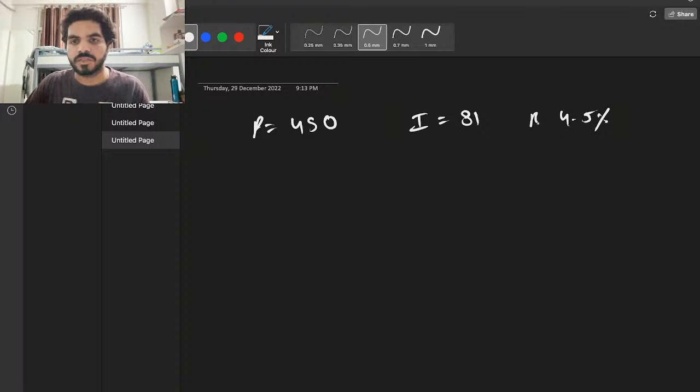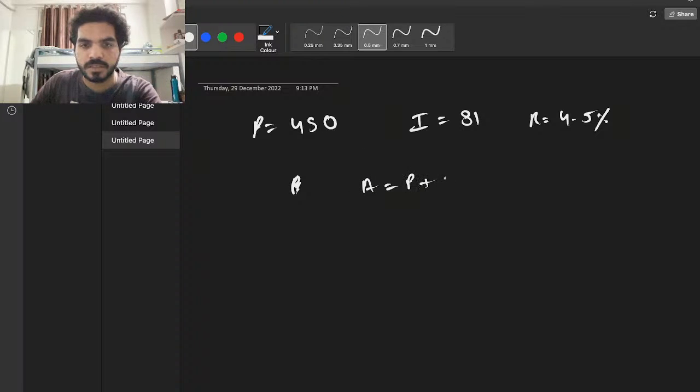Given that this is simple interest, we can simply go with PRT. So the amount will be equal to P plus I. So 531 is equal to 450 into 4.5 into T upon 100.